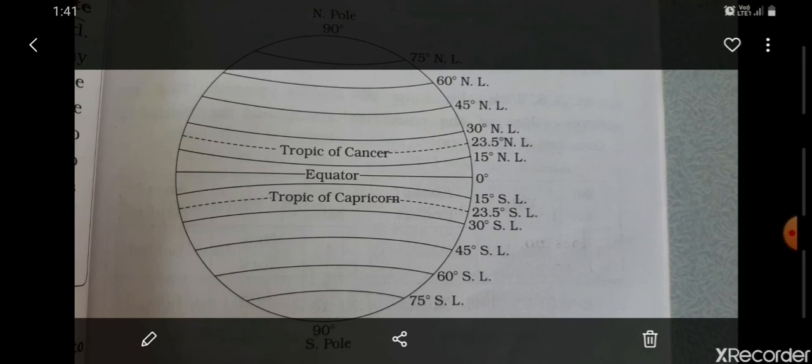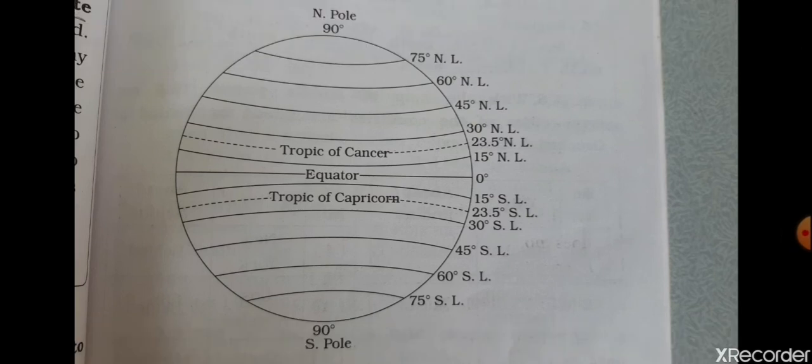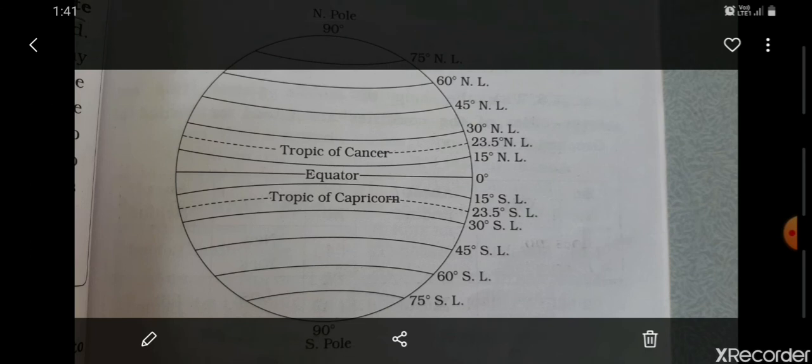Over here you will be able to see, at different degrees in the north latitude and the south latitude, the Tropic of Capricorn and the Tropic of Cancer. We will be able to see the equator at 0 degree. At this 0 degree equator, the earth is divided into two hemispheres, the northern hemisphere and the southern hemisphere.